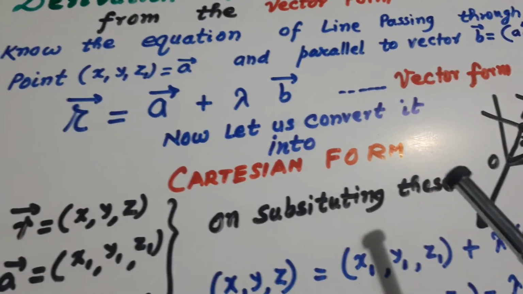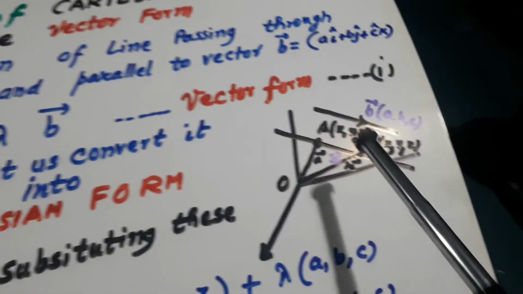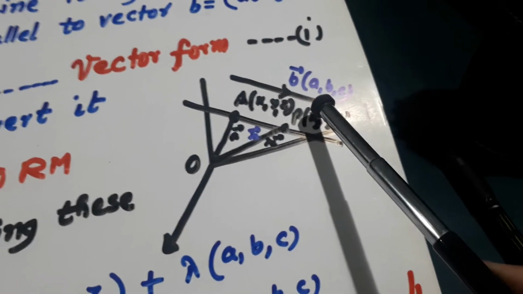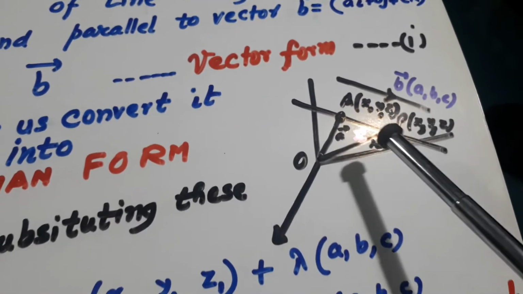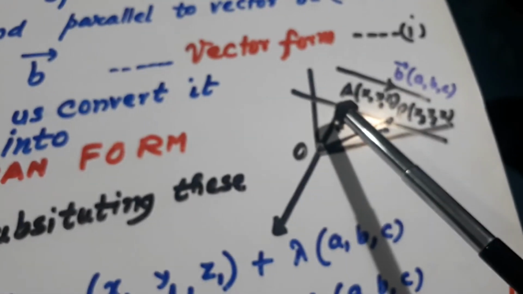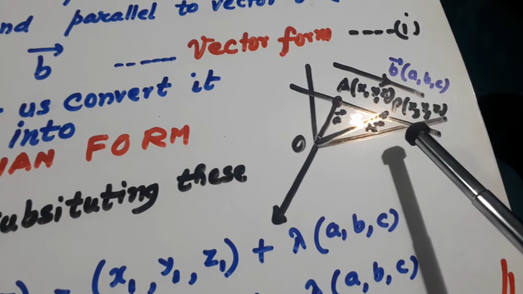So let us convert it. Now look here, this is vector B. Its components are ABC. Here is the point, and this is the general point.